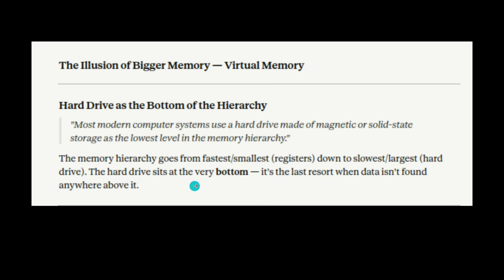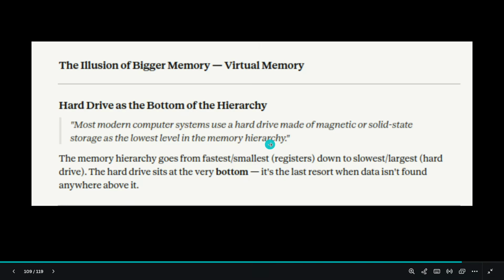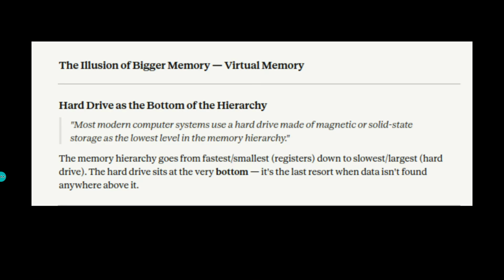The hard drive sits at the very bottom and it's the last resort when data isn't found anywhere above it. If you haven't found the data in our main memory, in our cache, or in our registers, then we will go and check the bottom of our memory hierarchy, that is the hard drive, where the data would be.